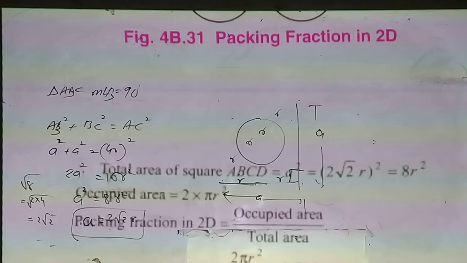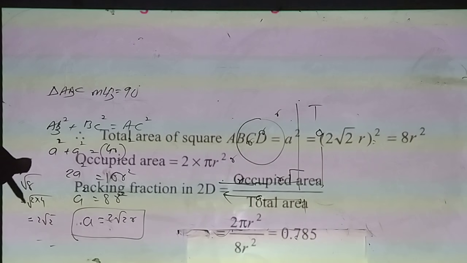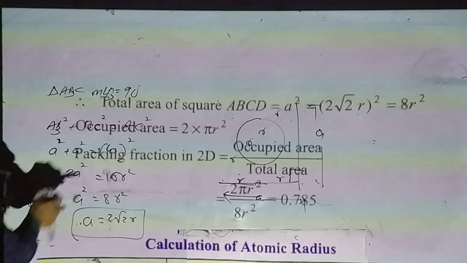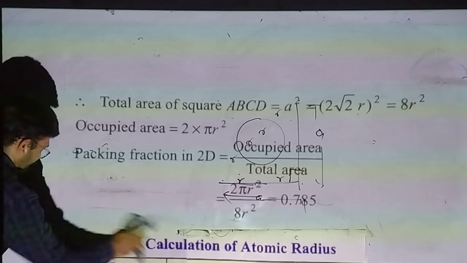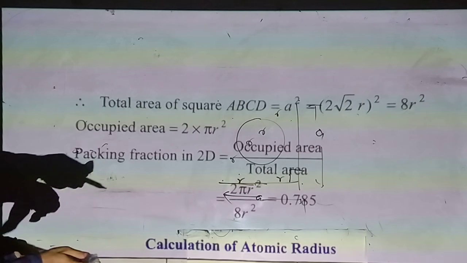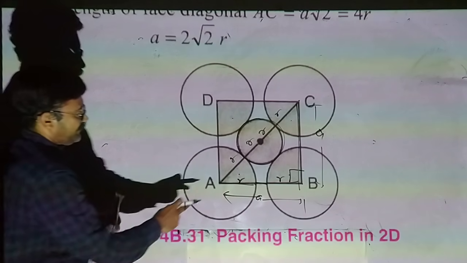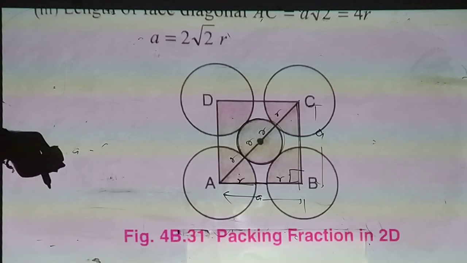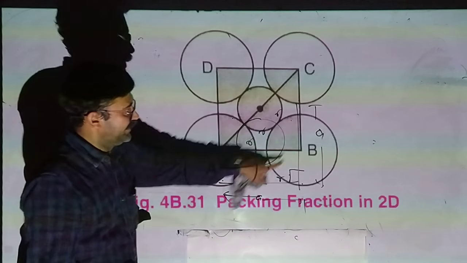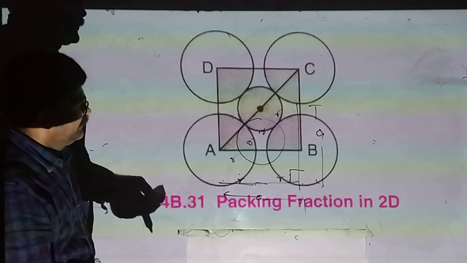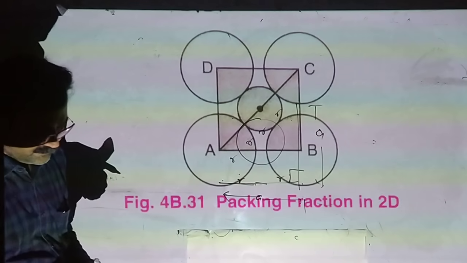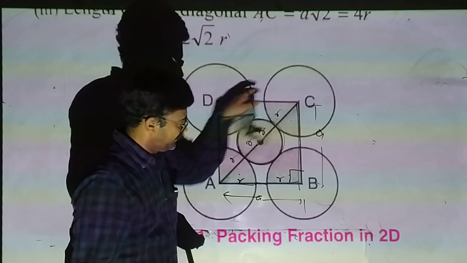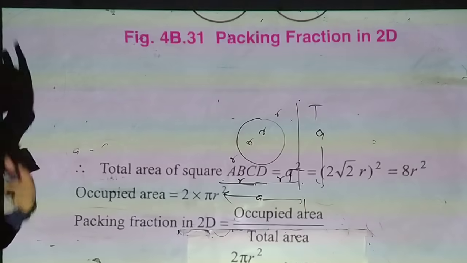So the total area of square ABCD, whose edge length is derived as 2 root 2 R. The area of a square is length into breadth, a into a, which gives area, not volume.